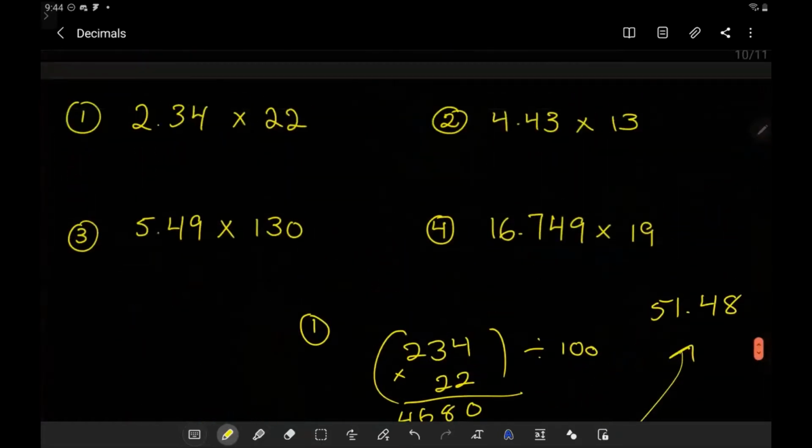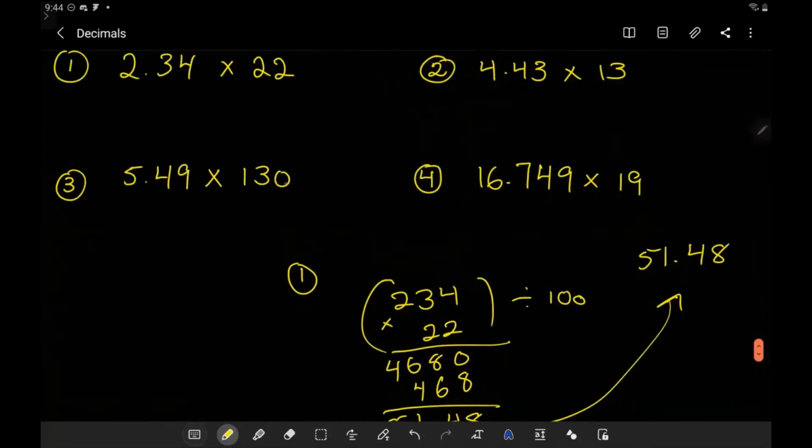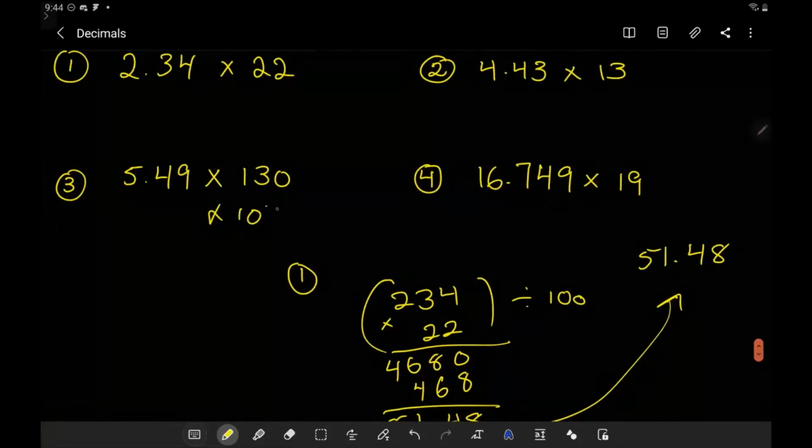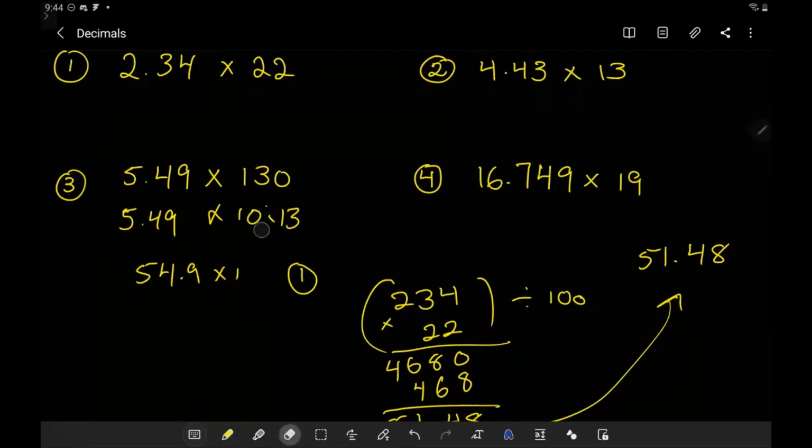Now there was a trick with this one: 130 is like 13 by 10, right? So if I multiply this by 10, what do I get? 54.9. I could have done this as well, and I think this would have been a little bit quicker because we're multiplying by hundreds down there. But in case we didn't notice that, it's fine.